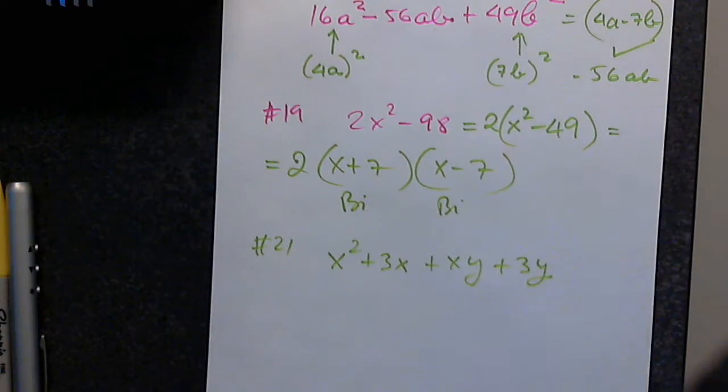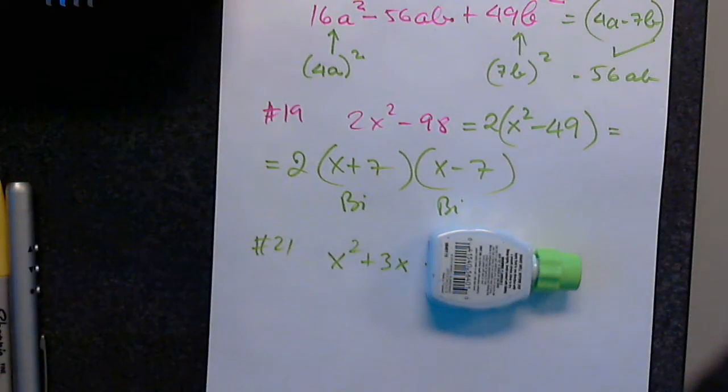I'm going to say that I'm looking at the first two, and then I'm going to look at the last two. However, this is not the only way. If this doesn't work, I will try to group the first with the third and the second with the fourth.